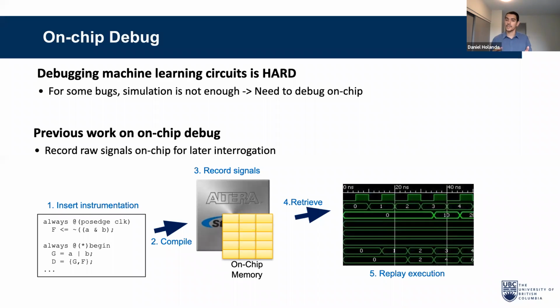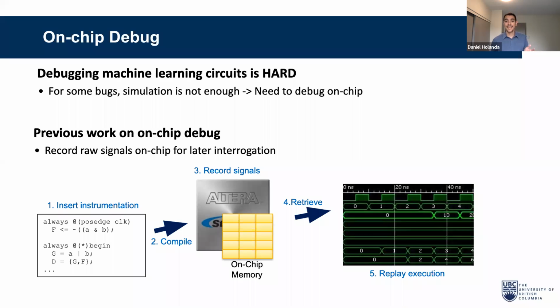While running it at speed, you're recording this information into some sort of on-chip memory. Normally you store it in a trace buffer, which is a fancy name for a circular on-chip memory. After recording everything, you stop execution, you retrieve all of this data, and you are able to replay the execution offline, looking at those beautiful waveforms in the way that we are already used to.